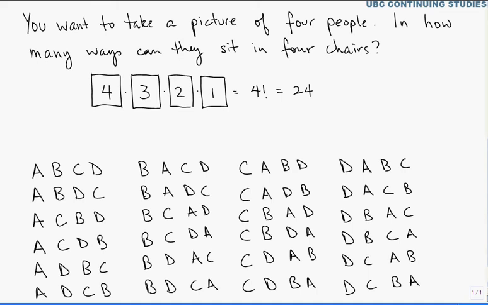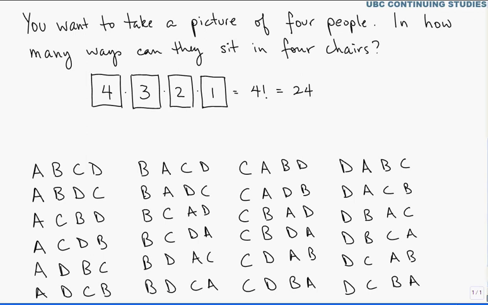So if you notice, the first 6 all start with A. The next 6 all start with B, the next 6 with C, the last 6 with D. Also, if you notice, the second column is always going in order. B, 2 B's, 2 C's, 2 D's.